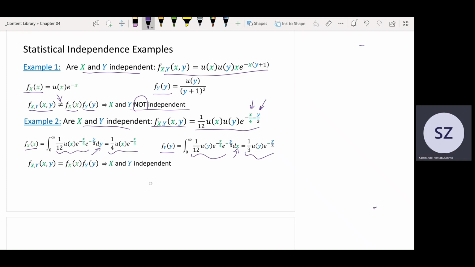Now check. Multiplying this PDF with this PDF, will you get this one? Yeah, clearly you can see 1/3 multiplied by 1/4 is 1/12, and you have u of y, u of x, e to minus y over 3, e to minus x over 4. So clearly you can see that they are independent. Okay?